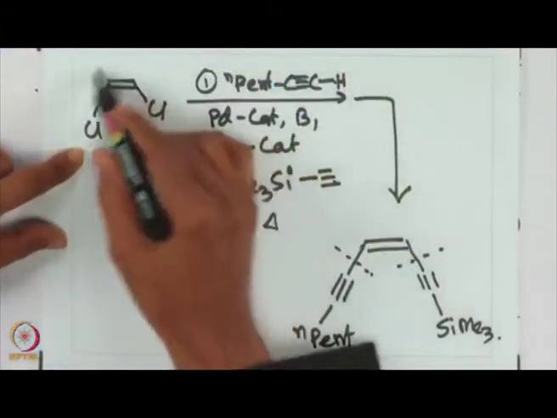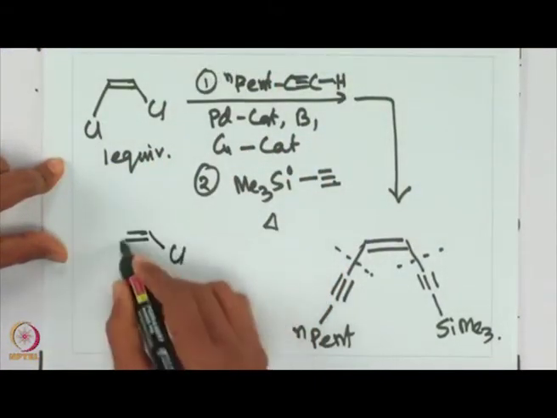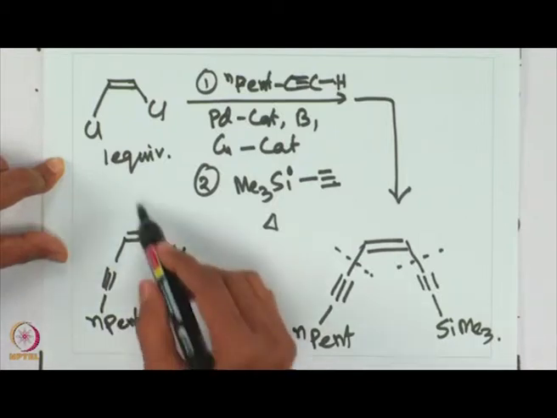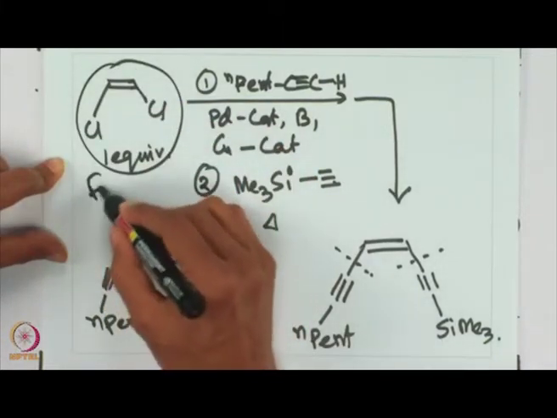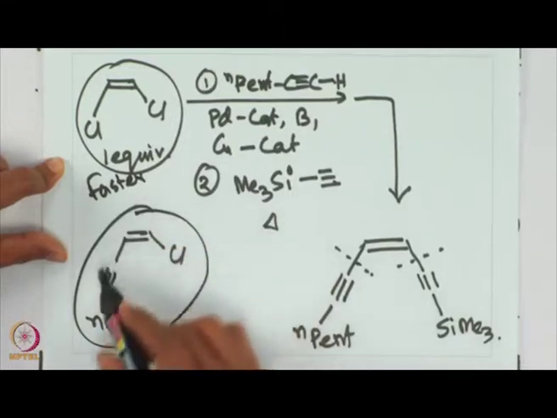Therefore, let us look at it once again. You have an alkyl dihalide, and the intermediate that is involved in this case is this one, N-pentyl, let us say. Now, oxidative addition into this compound is faster, this is faster compared to this one.